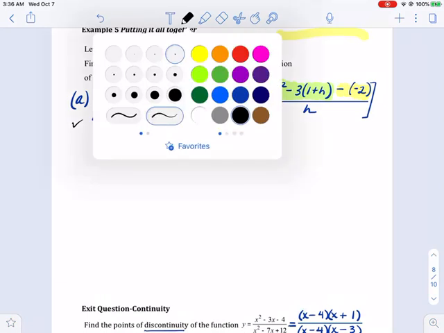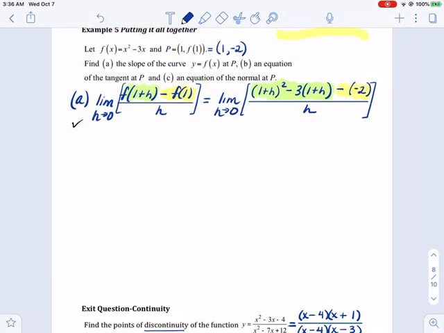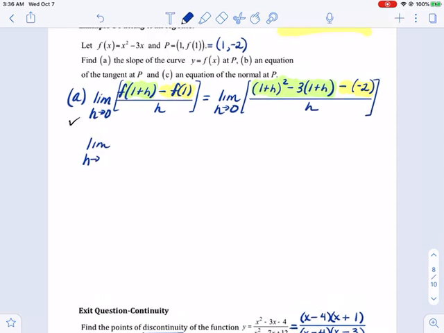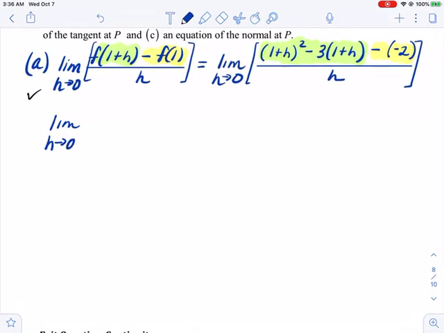So now we're going to work through this. I want to square the 1 plus h, so I'm going to be taking the limit as h approaches 0, so it becomes 1 plus 2h plus h squared minus 3h, and then plus 2, and all of that is over h.